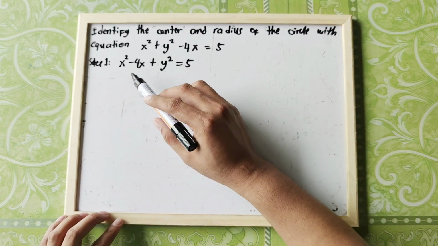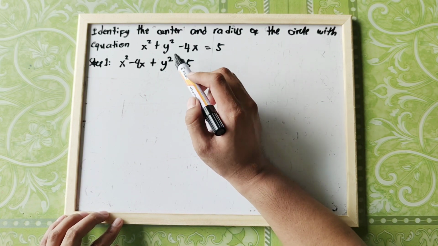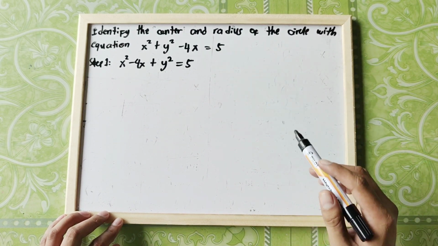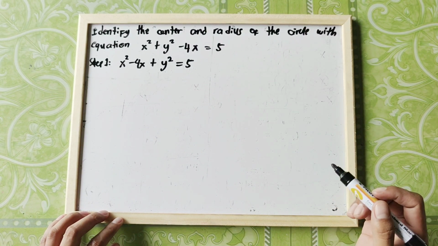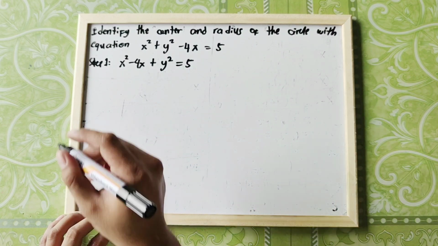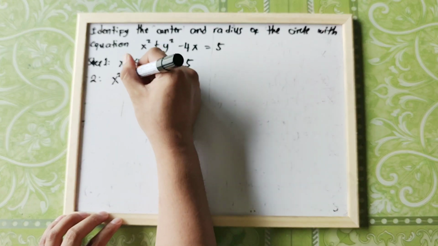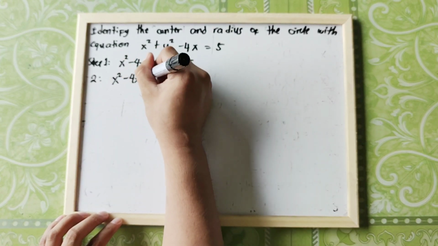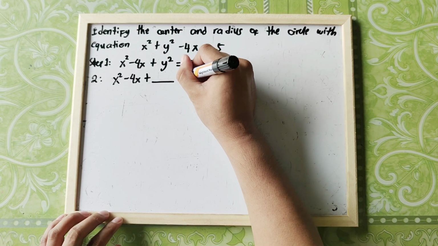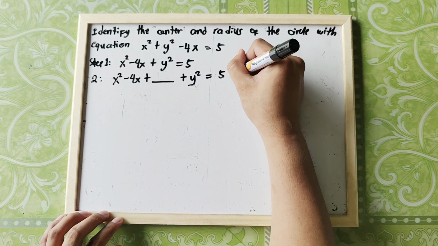In step 1, we grouped the variables with the same term. The y has no other partner, so it stays: plus y squared is equal to 5. Like earlier, we have to make it into a perfect square trinomial. So step 2: x squared minus 4x plus blank, plus y squared is equal to 5 plus blank.